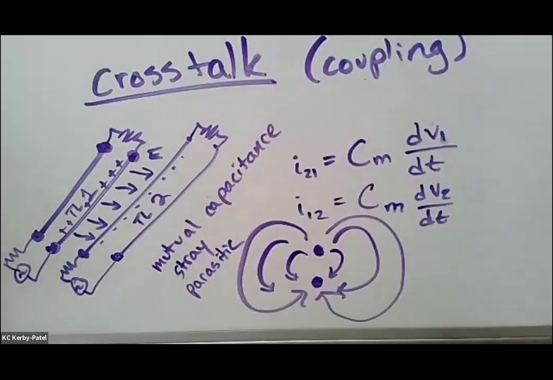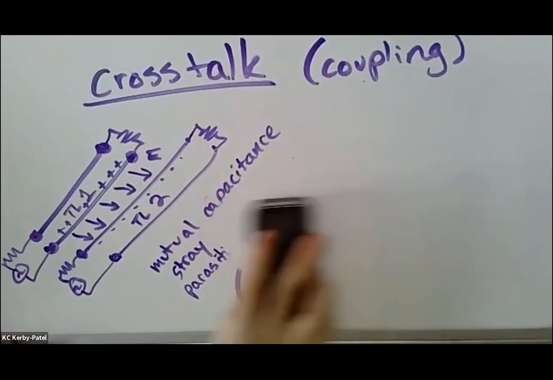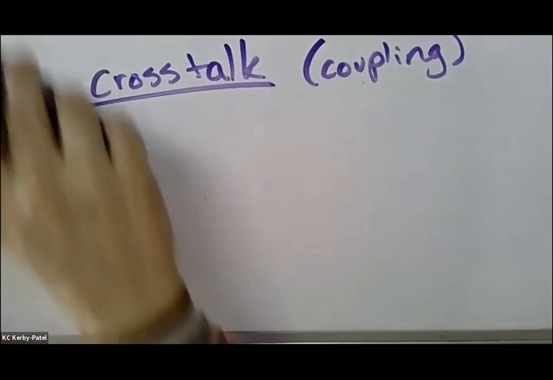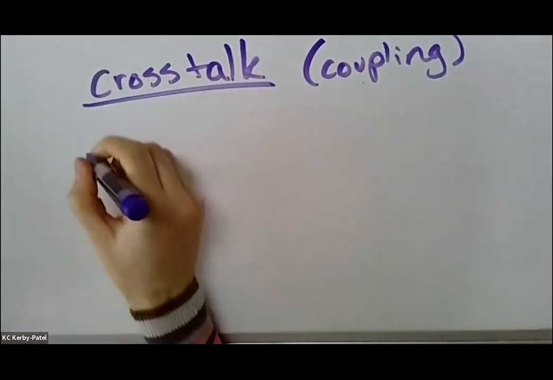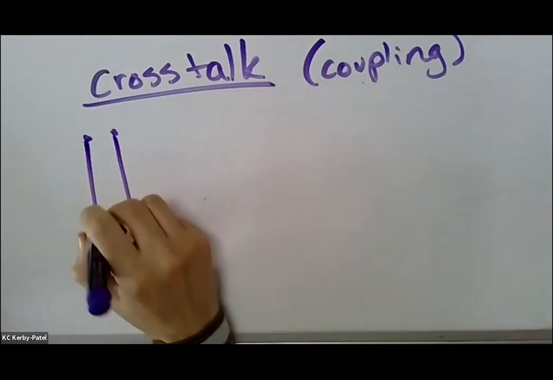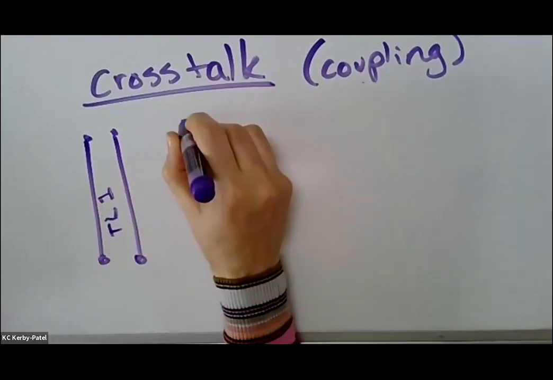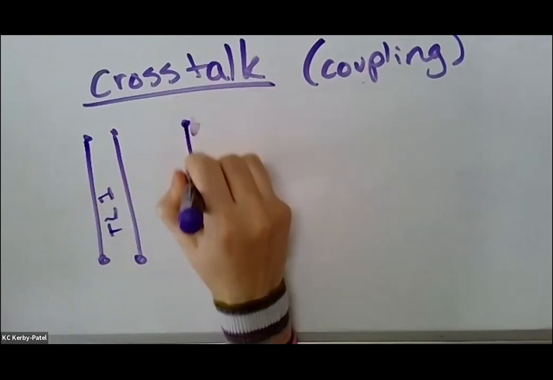I already talked about mutual inductance, but this is the section where I would put that in too. So I'm going to draw a picture of that. Consider the same two transmission lines, right? Transmission line number 1. Transmission line number 2.